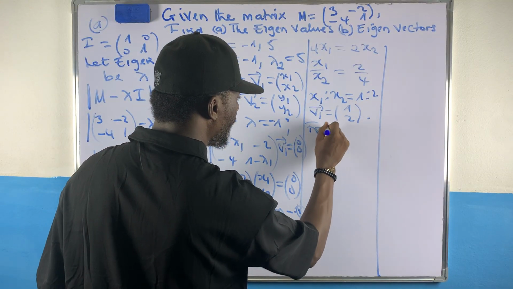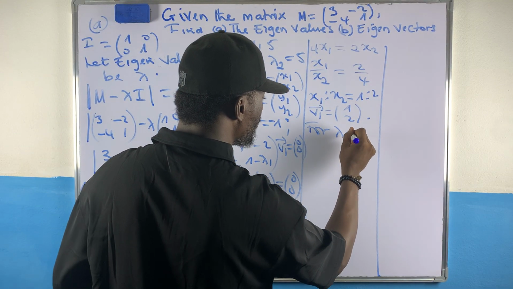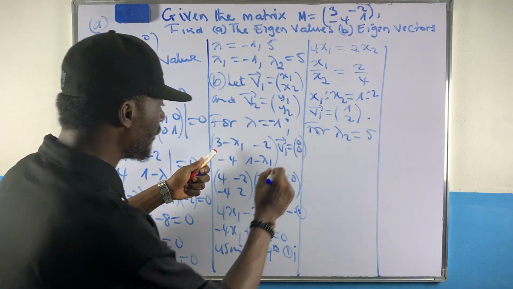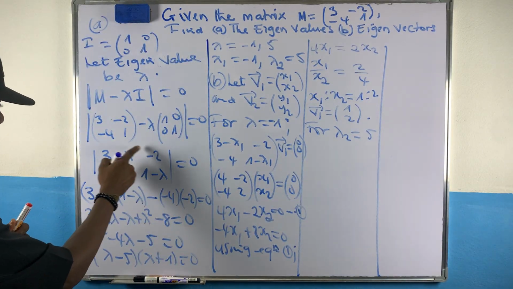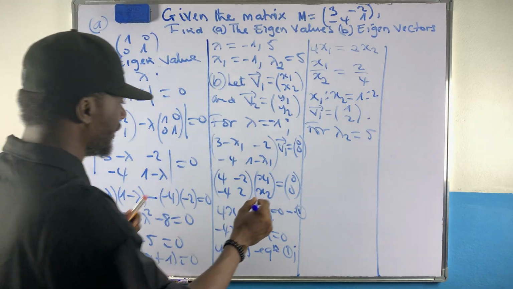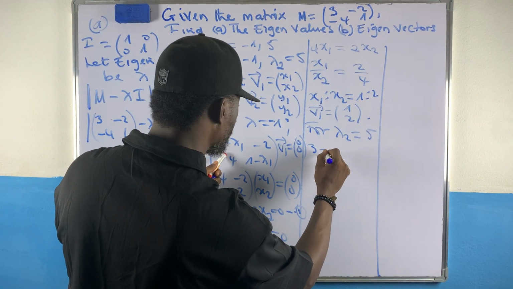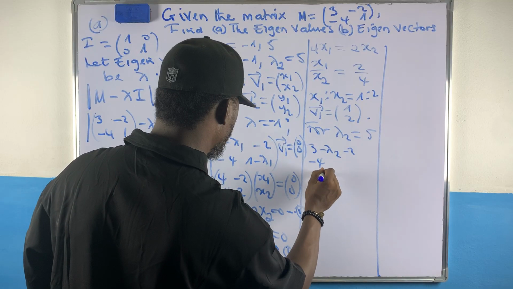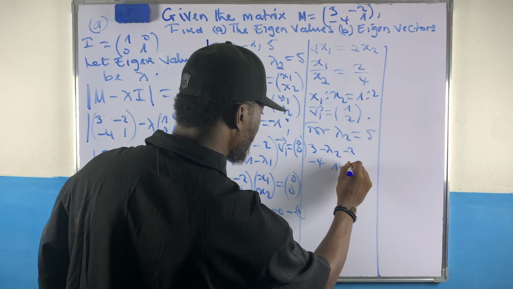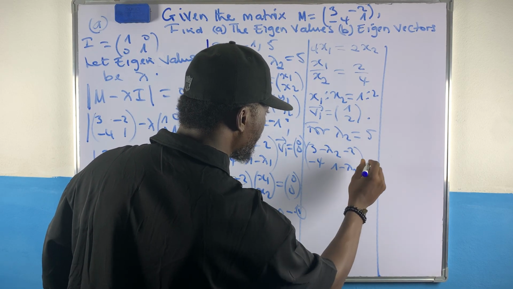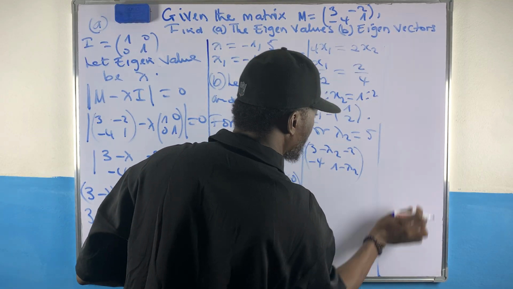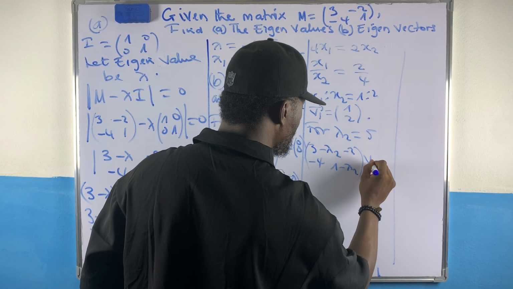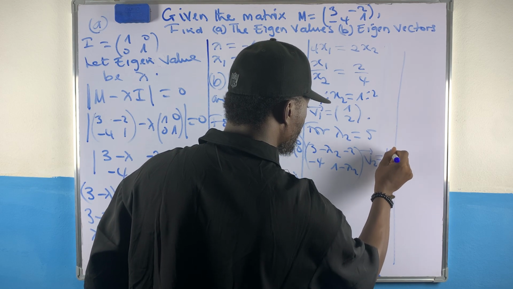Then I will also say for lambda 2, which is equal to 5. For lambda 2 equal to 5, I will have the same matrix, like I said, the last matrix that we had here, which will be 3 minus lambda 2, negative 2 here, negative 4, 1 minus lambda 2, all that multiplied by v2 should be equal to 0, 0.